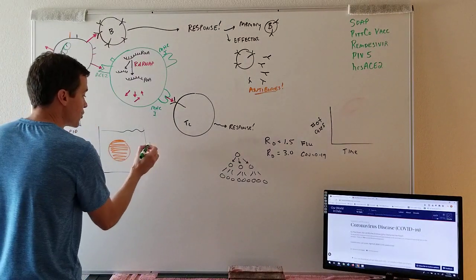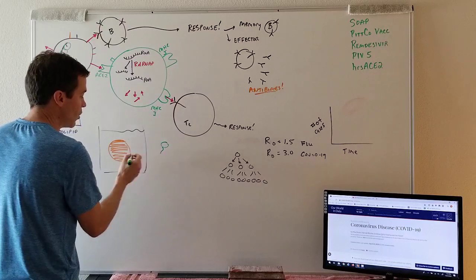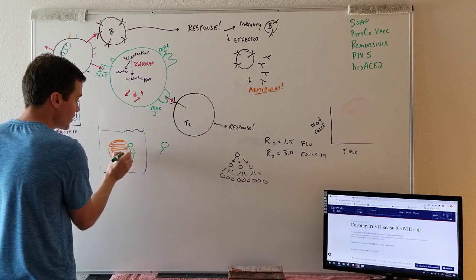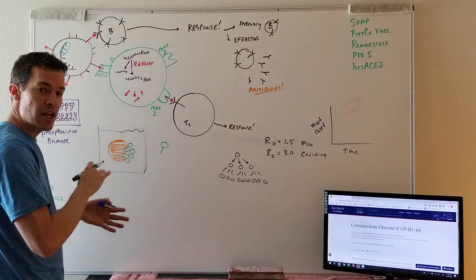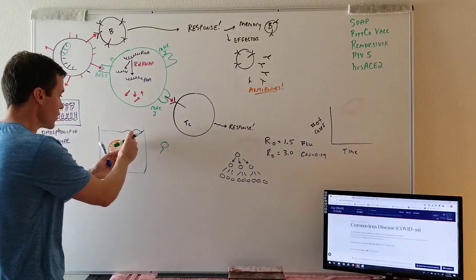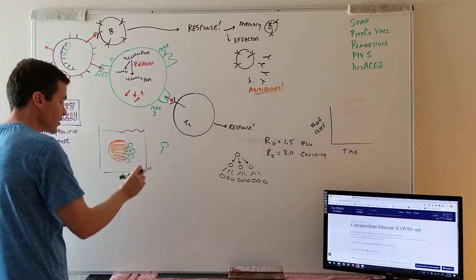So what I can do is I can put soap in there, and soap again has a polar head and a non-polar tail. So the polar heads are happy to be in the water, and then they stick their tails in the fat. Okay, well now, if I use a wash rag or I just kind of agitate this, then eventually those pieces of soap leave because they're still attracted to the water.